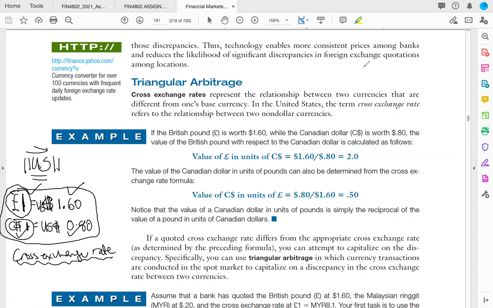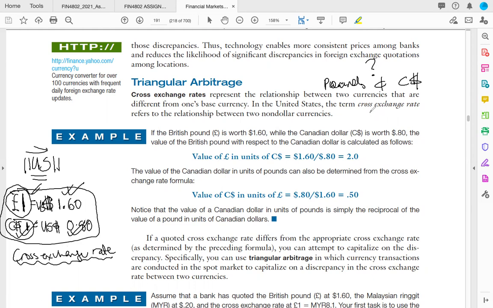But what is the relationship between pounds and Canadian dollars? We can derive the exchange rate between pounds and Canadian dollars based on the relationship between pounds and US dollars and the relationship between Canadian dollars and US dollars.